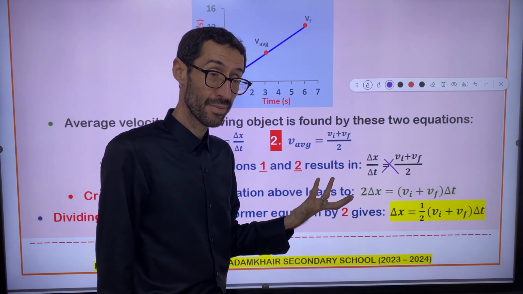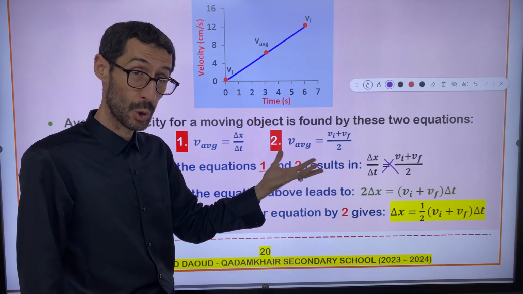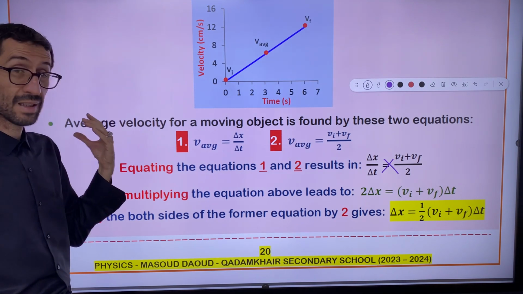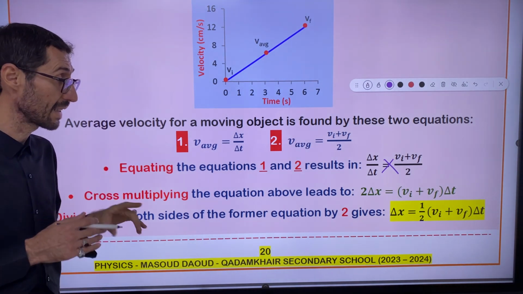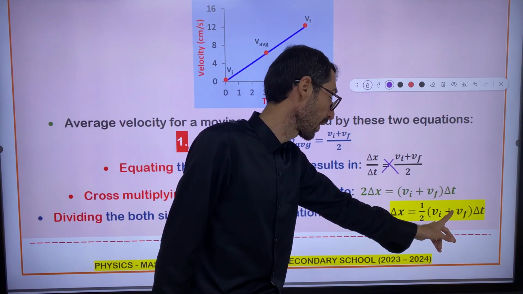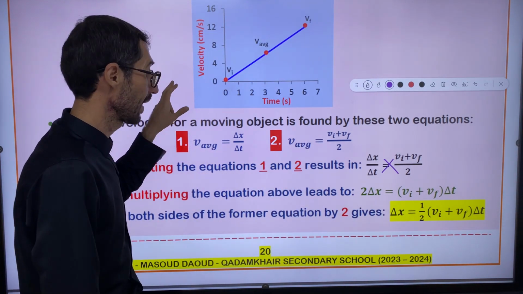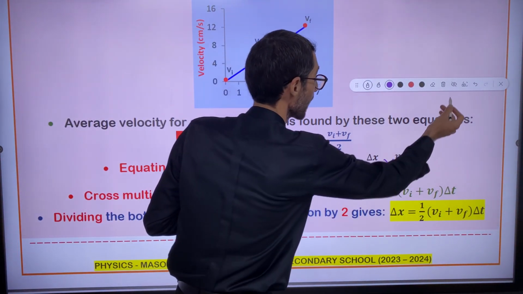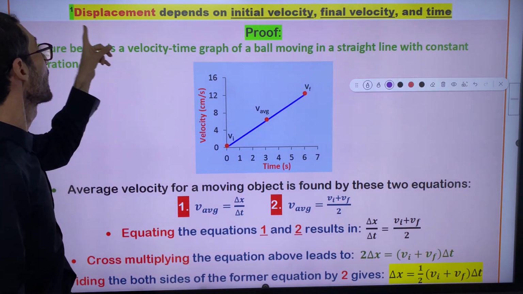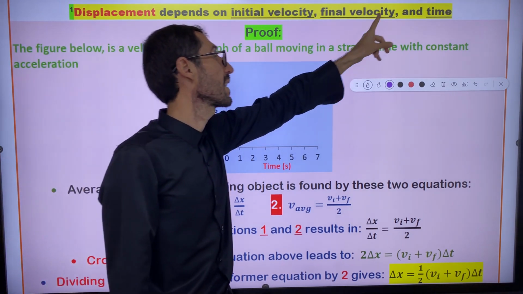Are we done? Did we reach our goal? Yes, because the first rule says that displacement should depend on initial velocity, final velocity, and time interval, and we reached this goal. Let me show you the former explanation for the former title: displacement depends on initial velocity, final velocity, and time.